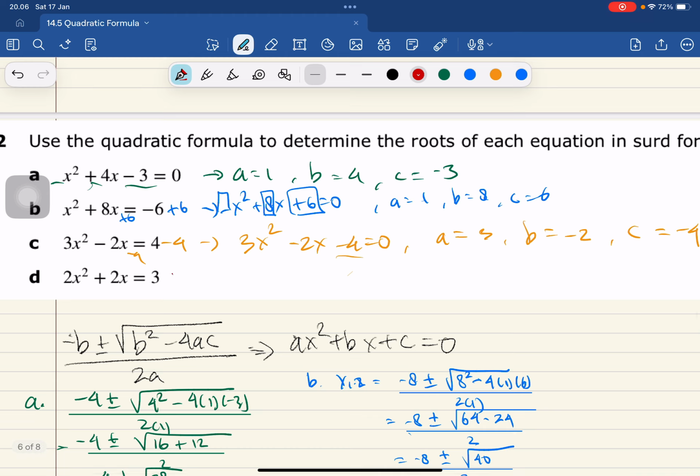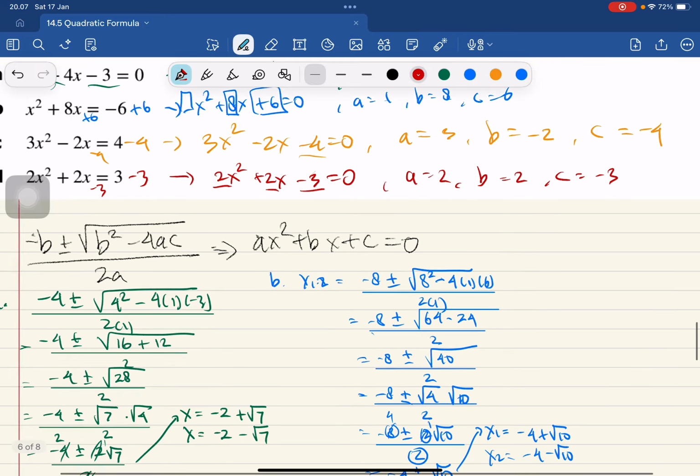Okay, D. Rearrange, so we minus 3 on the right side, so on the left side we need to do the same thing. So we got 2x squared plus 2x minus 3 equal to 0. So A, the coefficient of x squared, is 2, B, the coefficient of x, is 2, and C, the constant, is minus 3. Okay, we got it.